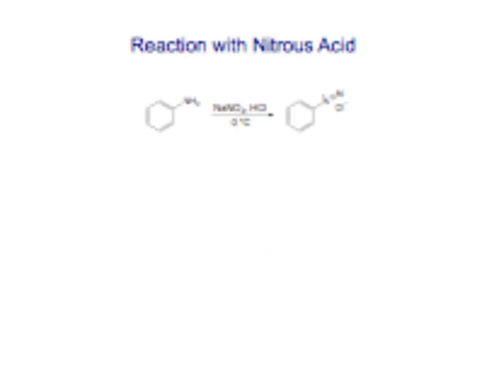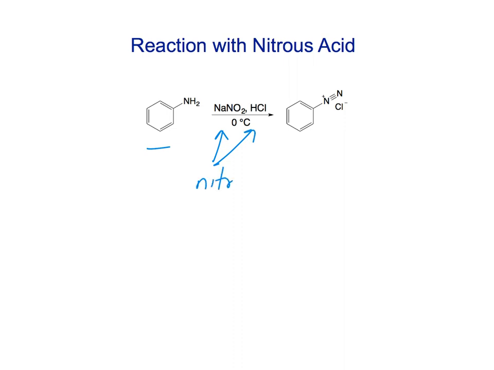All right, so let's look at another reaction. Okay, and this is the one that has a whole bunch of steps in the mechanism, but we're not going to really go through all those reactions. And so what we do is we take aniline, we react it with these two together, this is nitrous acid, right?